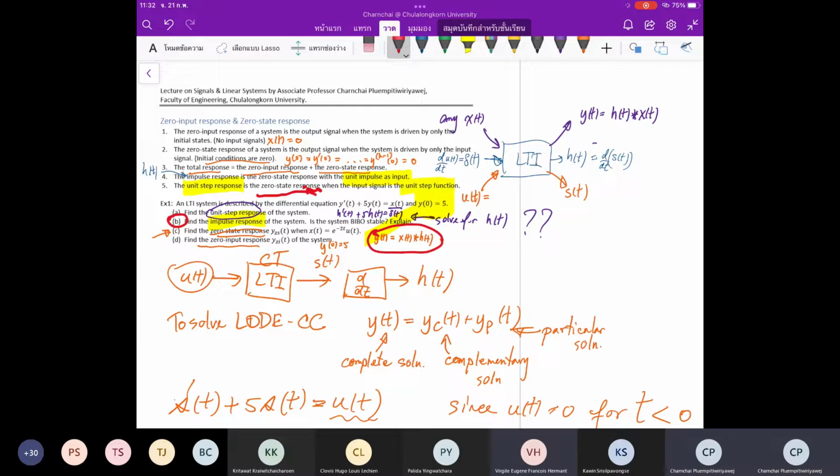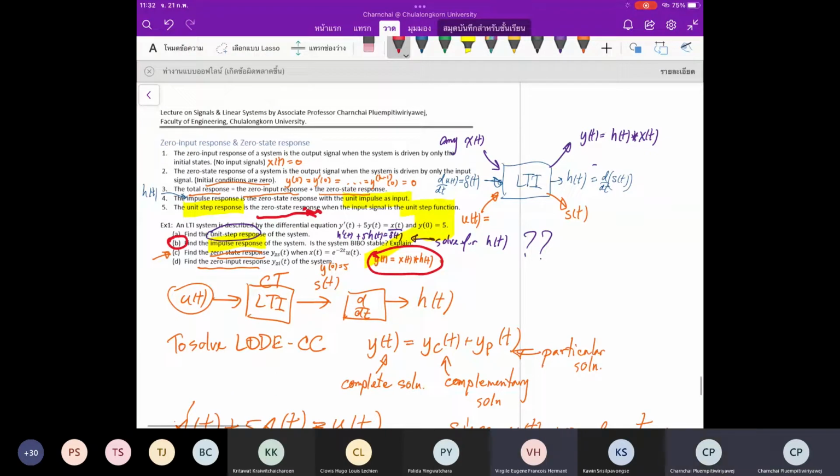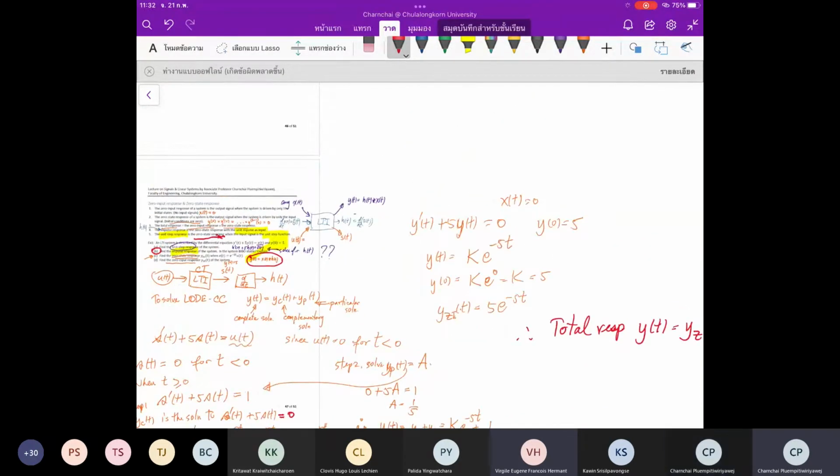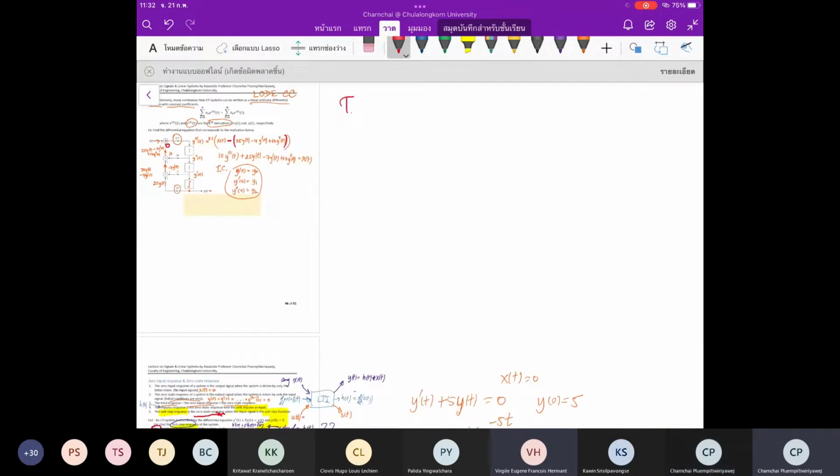You can solve for the zero state response instead of doing convolutions.